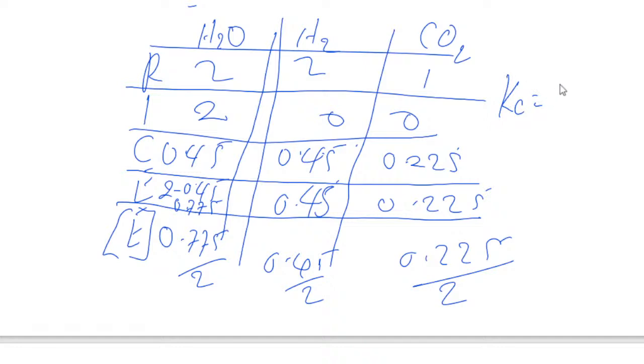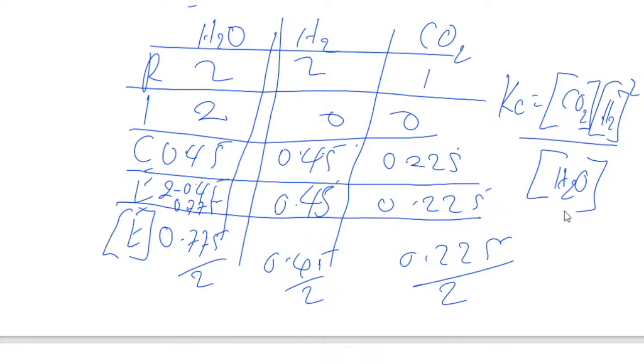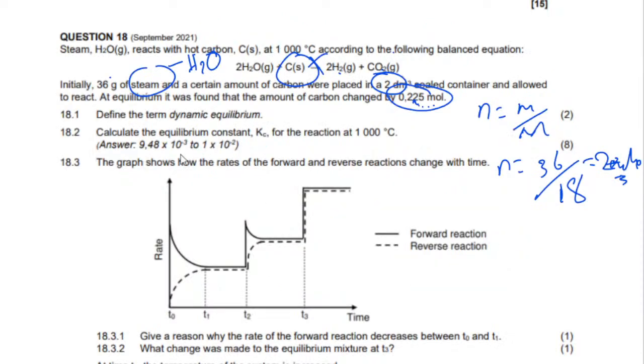Kc is equal to carbon dioxide, yes, carbon dioxide, and then hydrogen, but hydrogen is squared because it's 2, divided by H2O in gaseous form, which is 2 there. So now you substitute these and find the Kc value. You'll find the Kc value indicated on the paper, so that when you calculate, you must get that actual answer. That is the answer you're supposed to get.